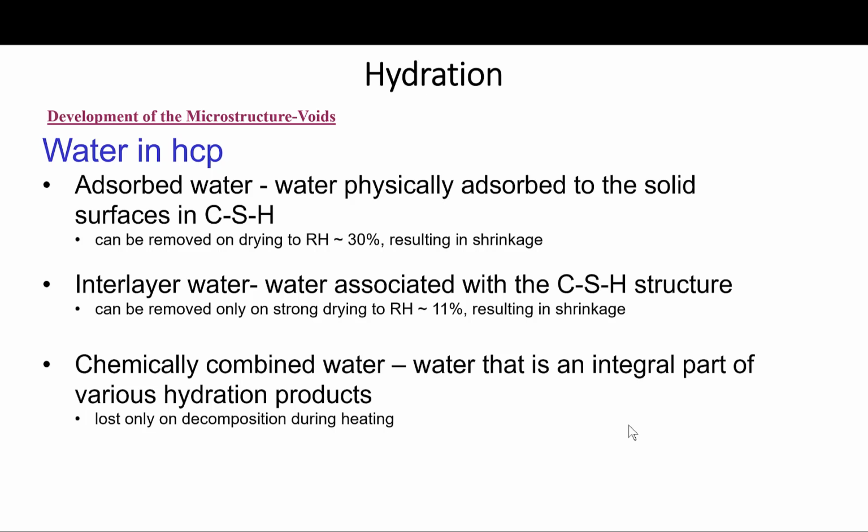And we have the chemically combined water. This water is an integral part of the various hydration products, and is only lost on decomposition during heating. So these are the various states of water and how the water exists in the microstructure of the paste.